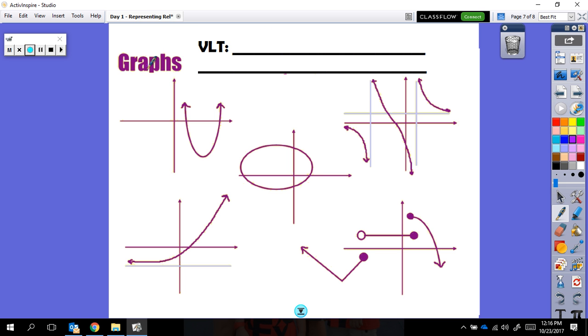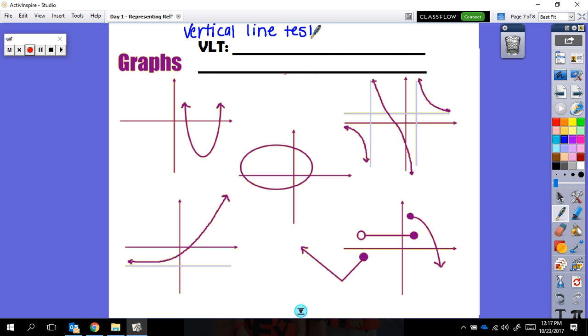All right, graphically, to me, this is the easiest way to tell if something is a function or not, okay? The vertical line test, that's what VLT stands for, vertical line test.